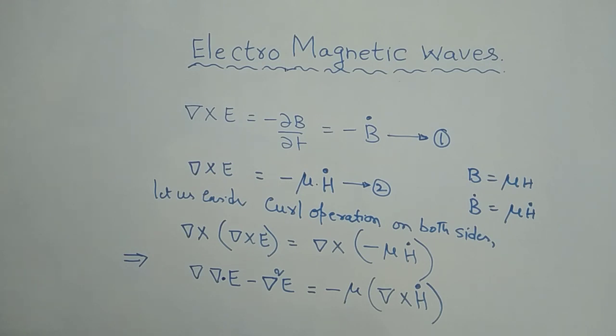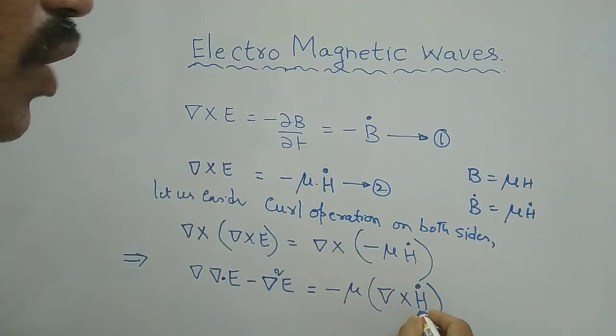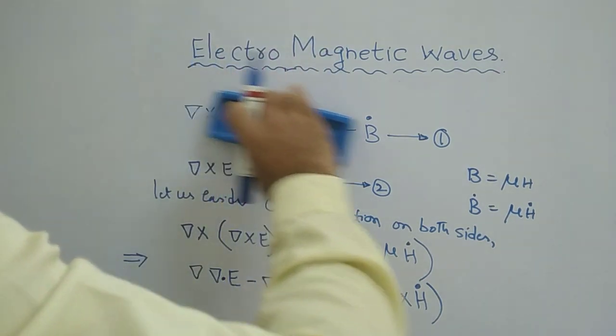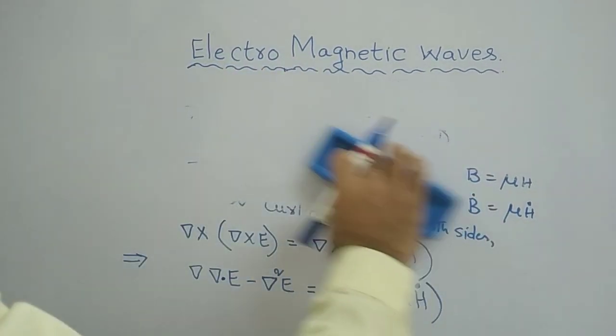Is there a formula for del cross H? I already explained it in the beginning.